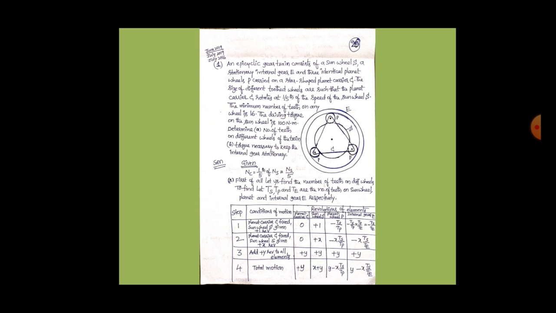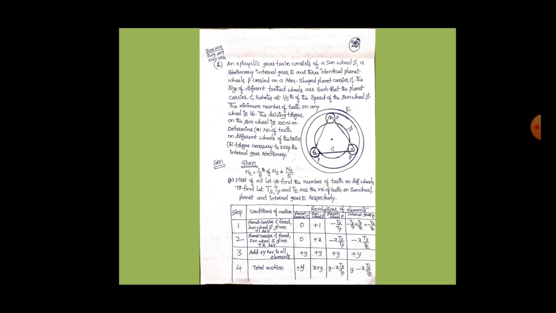Now, in the table, as you all know, the first column is the step number, the second is the conditions of motion, and the third is the revolutions of elements. Now under the revolutions of elements, I should enter the different gears which are there in the given epicyclic gear train. Till now, in all earlier problems we have come across the arm, which we used to assume as fixed.